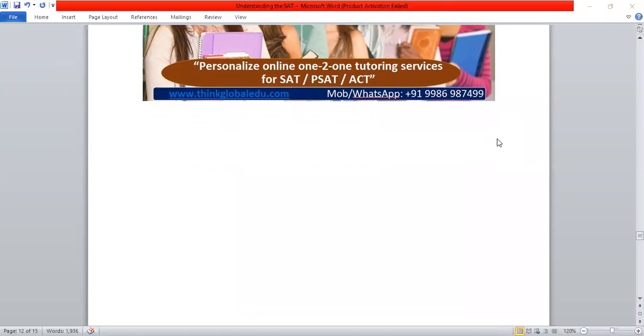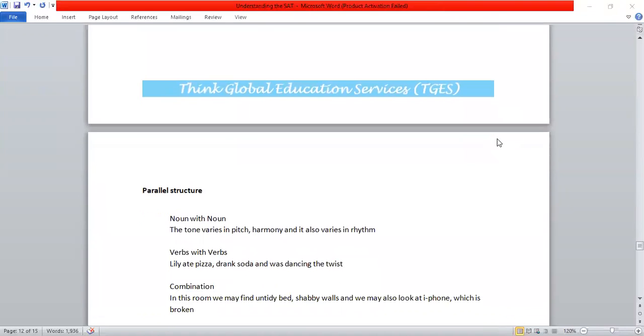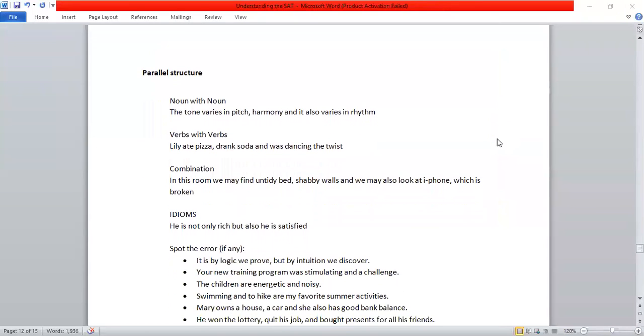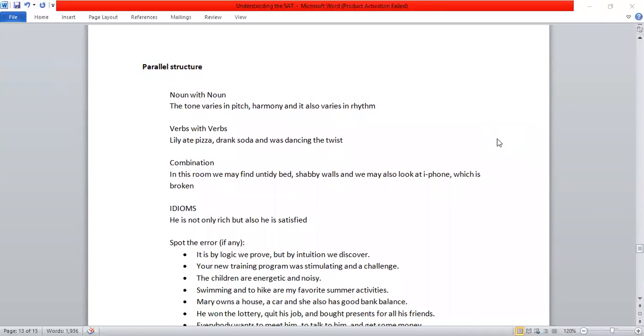Now, okay, so let's discuss what parallel structure is. As the name itself suggests, things being parallel, and since we're talking about sentences, sentences being parallel. So what exactly are we looking at? We're looking at that in one sentence, if there are multiple nouns or multiple verbs used, and they're talking about the same subject, they need to be parallel. That means they need to look alike. If I'm not making a lot of sense right now, let's look at a few sentences and see how it works.